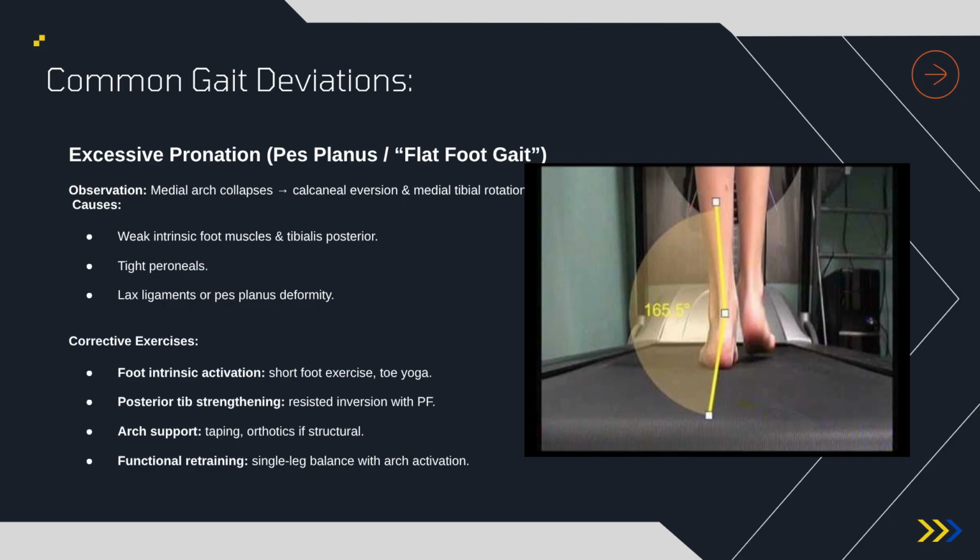Corrective interventions. You want to work on intrinsic activation, such as short foot exercises and toe yoga. You want to do tibialis posterior strengthening, such as resisted inversion with plantar flexion.